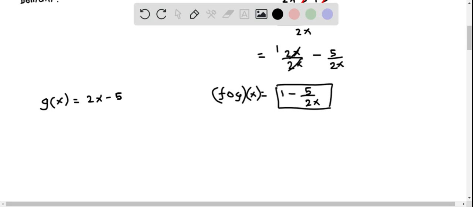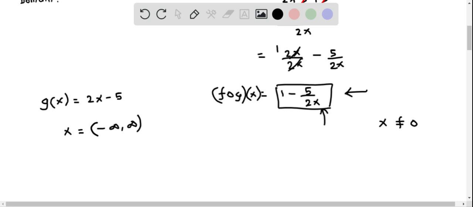So there are no domain restrictions on g of x. We then look at the domain of this composite function and look for any restriction. Clearly, if you look at the composite function f of g of x, in this 2x we have x in the denominator, which means x cannot be equal to 0. So here x is defined for all real numbers, that is from negative infinity to plus infinity.